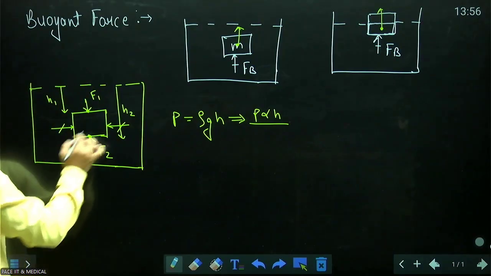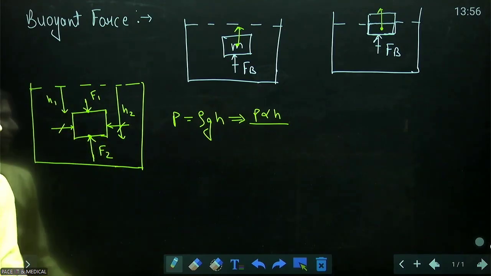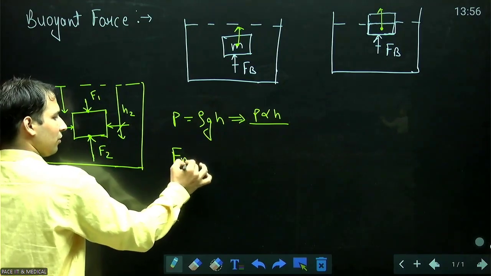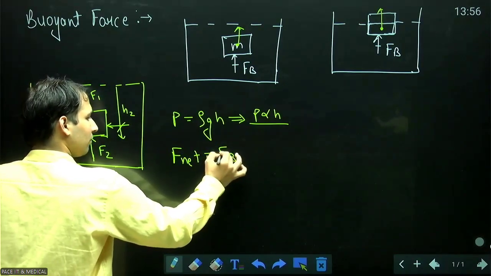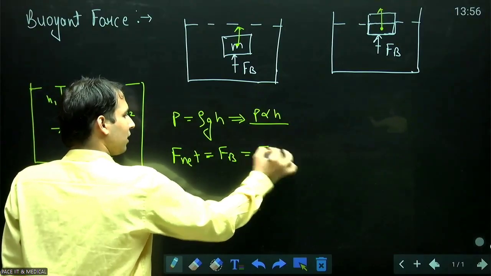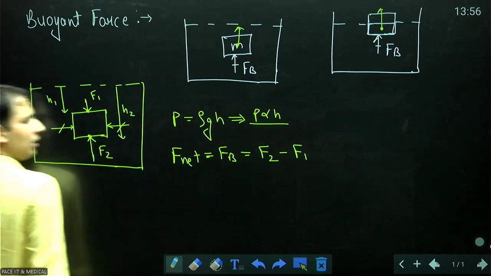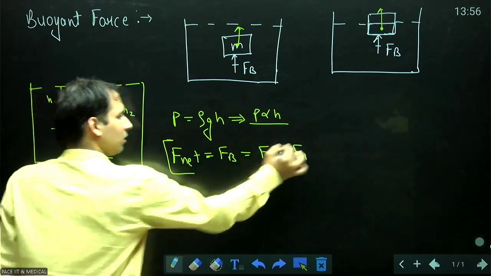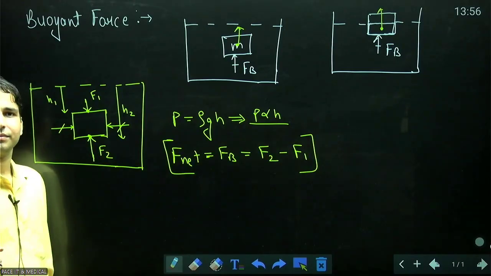And clearly this h2 is more than h1, so this F2 will be more than this F1. So the net force on this body, which we are calling the buoyant force, will be F2, which is bigger, minus F1. This is the net force and this is your buoyant force only, right?